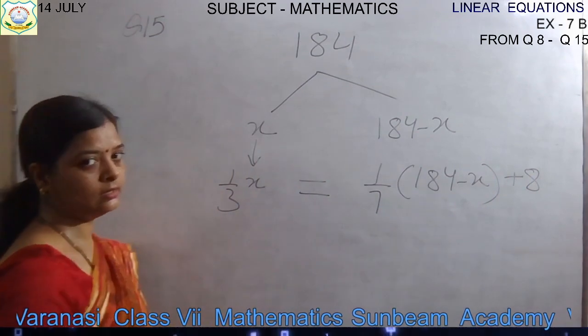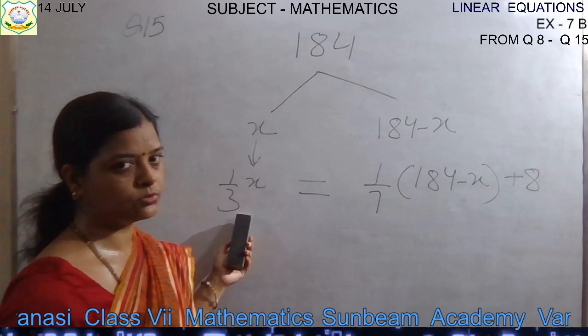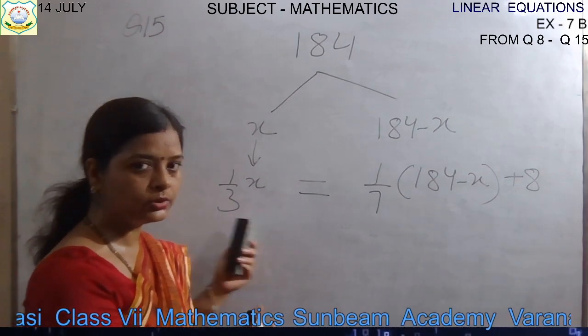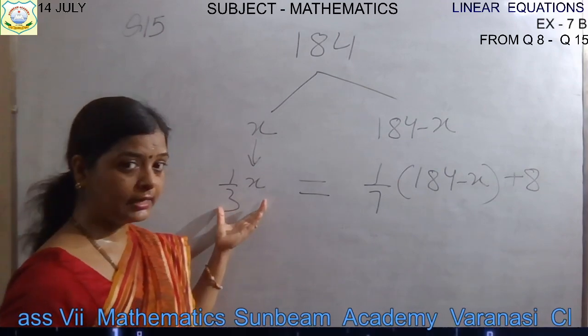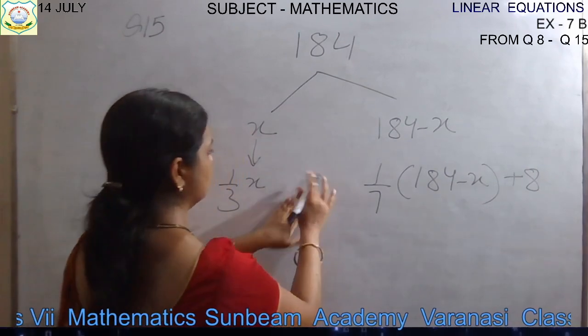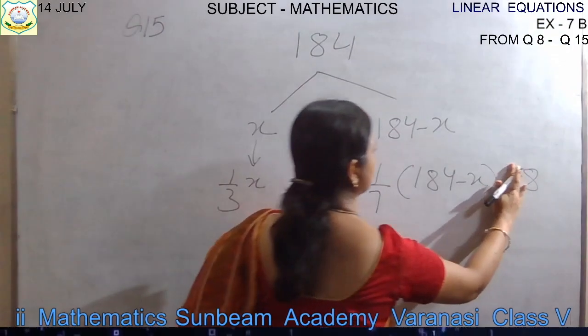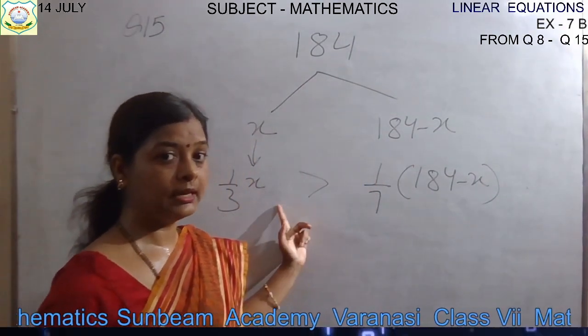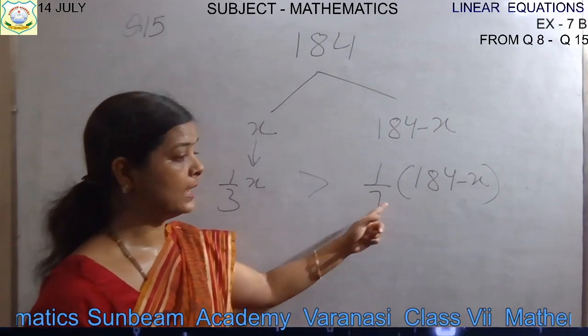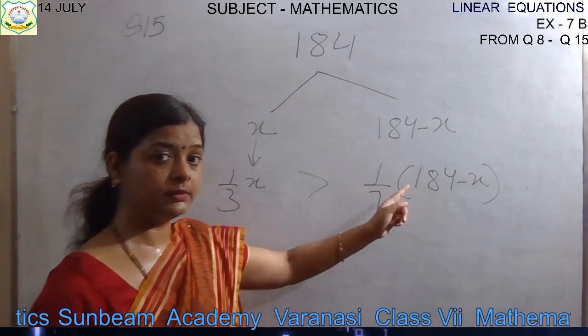Or we can subtract 8 from this also. If you subtract 8 from this, it will become equal to that. But what I have done, it is more than 8. Right now it is more than 8. Okay. 1/3 part of the first number is more by 8. It exceeds the second number, 1/7 of the second number, by 8.